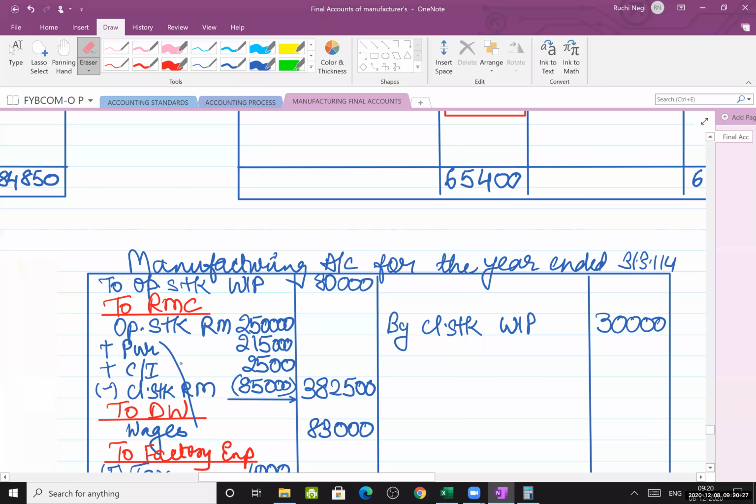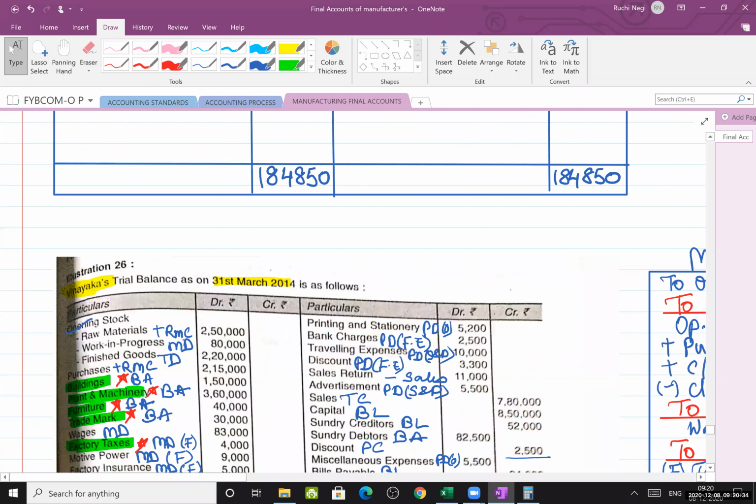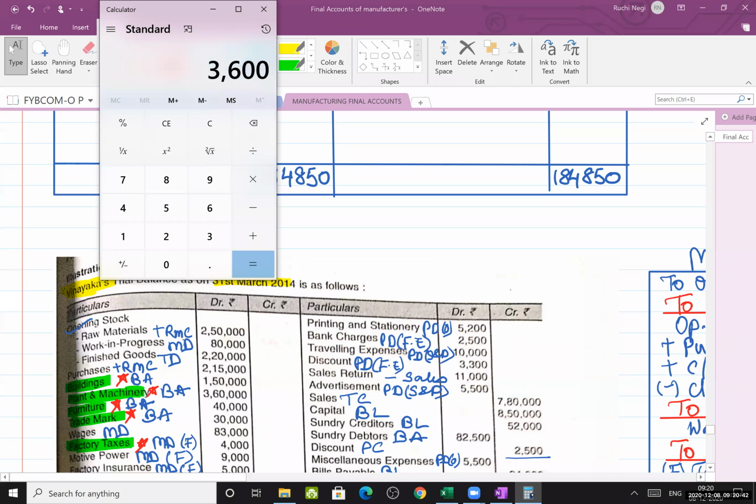Just a minute, students. Plant and machinery was how much? Building is 1,50,000. Sorry, plant and machinery is 3,60,000. So 15% of 3,60,000. Just a minute. 15% of 3,60,000 is 54,000.